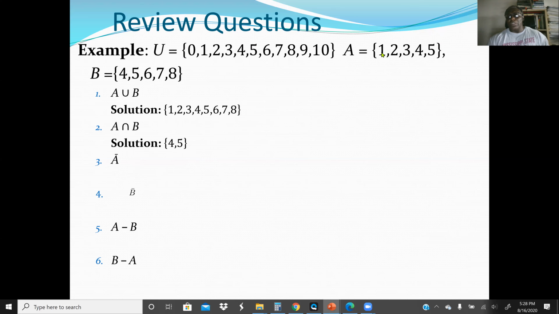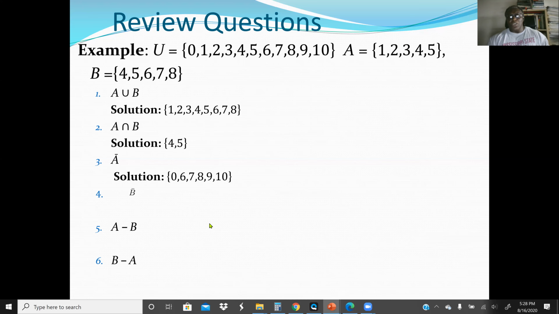Then I'll go to the universal set and remove all the elements that are in A. The rest of the elements in the universal set will be my complement of A. So the complement of A will be 0, 6, 7, 8, 9, 10. Because the complement of A means all the elements that are in the universal set but not in set A.